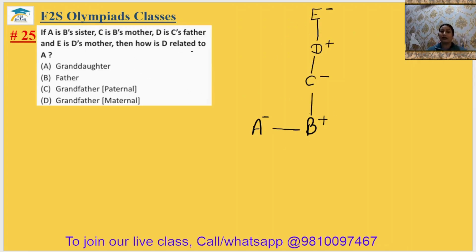Then D related to A. We can say it will be the grandfather, as A and B are siblings. C is the mother of these two children and D is the father of C. That's why D will be the grandfather of A, and it will be the maternal grandfather. So we will go with option D. The 25th answer is option D.